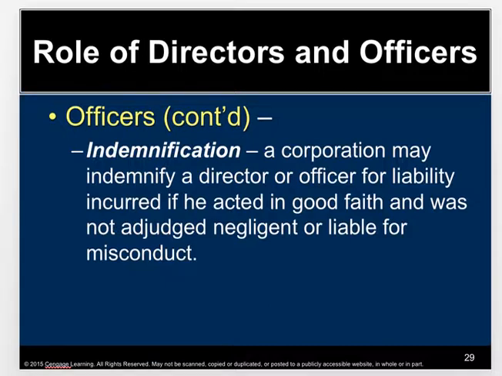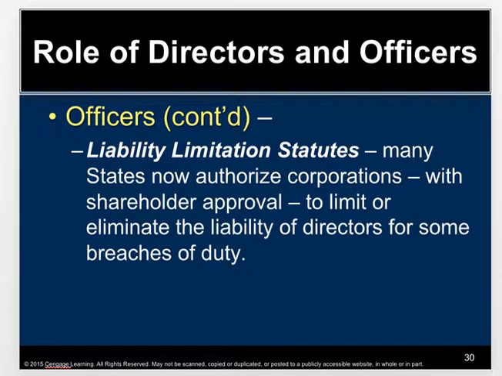I was doing it for or on behalf of the corporation. And if that results in liability to me or damages to me, and I wasn't negligent or engaged in any misconduct, I was actually acting within the scope of my authority, then the corporation should indemnify me, should pay for my expenses that I incurred on behalf of the corporation. And really, that's the way to look at it.